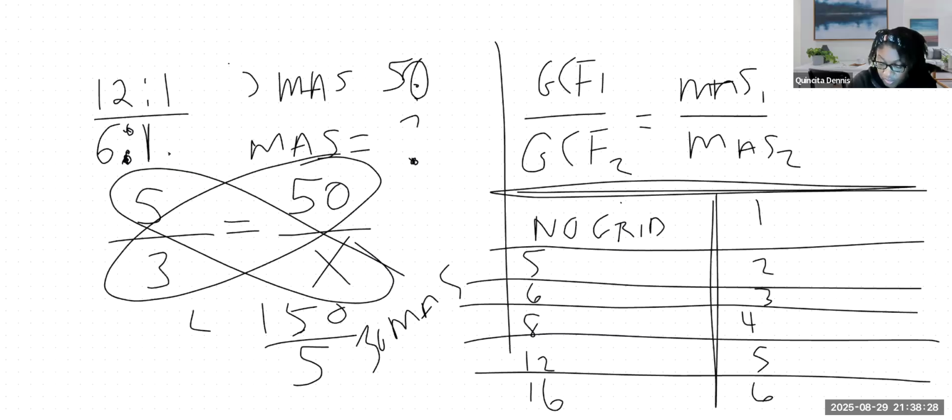All right, the next one, let's go from a 12 to 1 grid. Change it to an 8 to 1 grid.